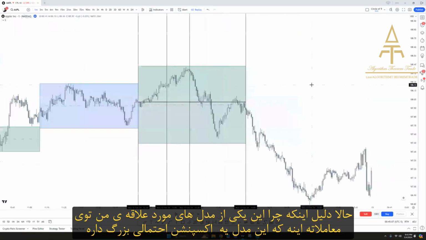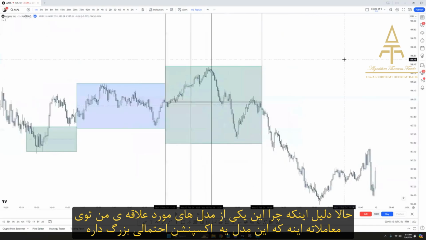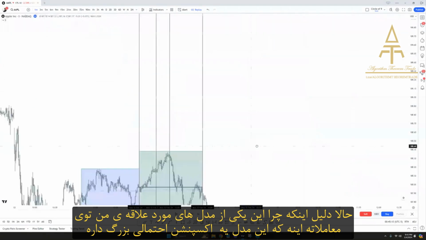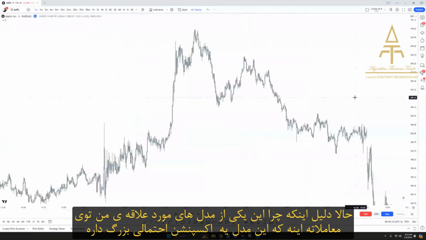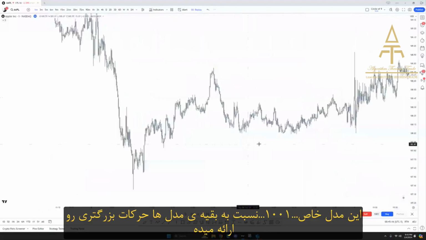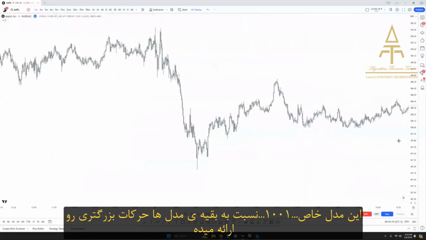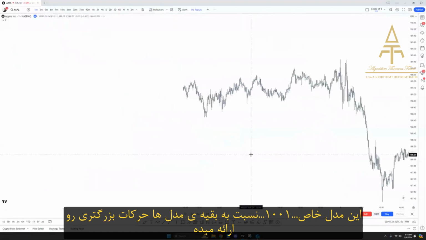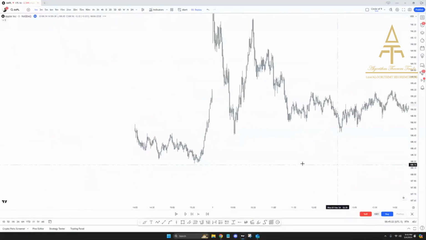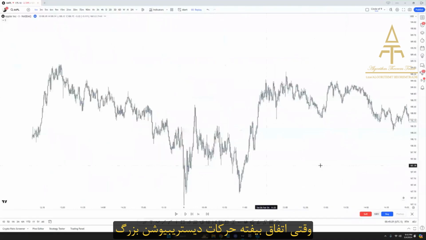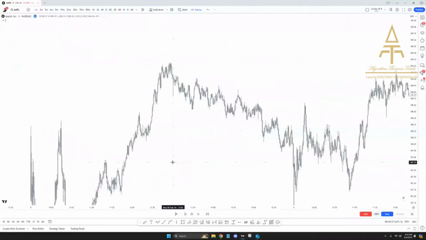Now, the reasoning as to why this is one of my favorite models to trade is because of the large possible expansions you get for this specific model. This specific model, 1001, presents large moves compared to other models. Large distribution moves when it does occur.